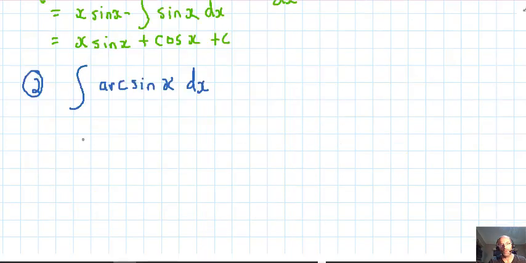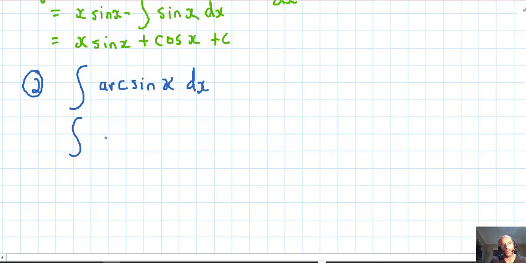Okay, now this one doesn't necessarily look like a product of two things, but we've done some work with inverse trig functions, but they've been the results of integration, not to integrate them themselves. So what we're actually dealing with here is 1 times inverse sine x.